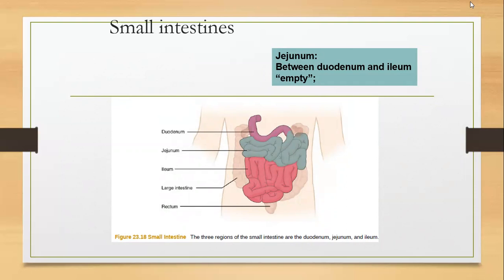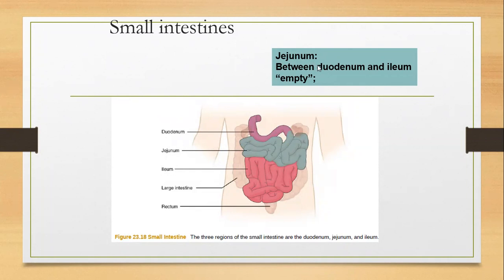So the next structure is the jejunum. Now, the jejunum is called "empty" because it usually does not have structures that are common within the duodenum.